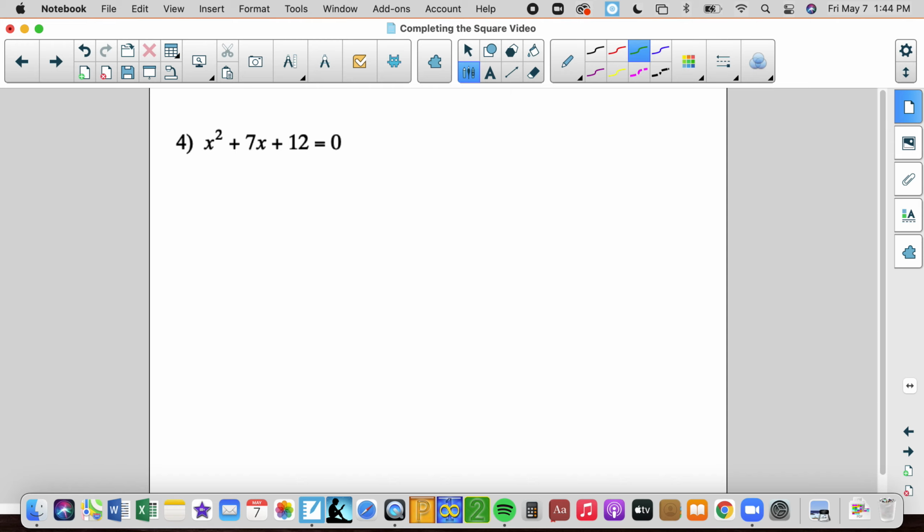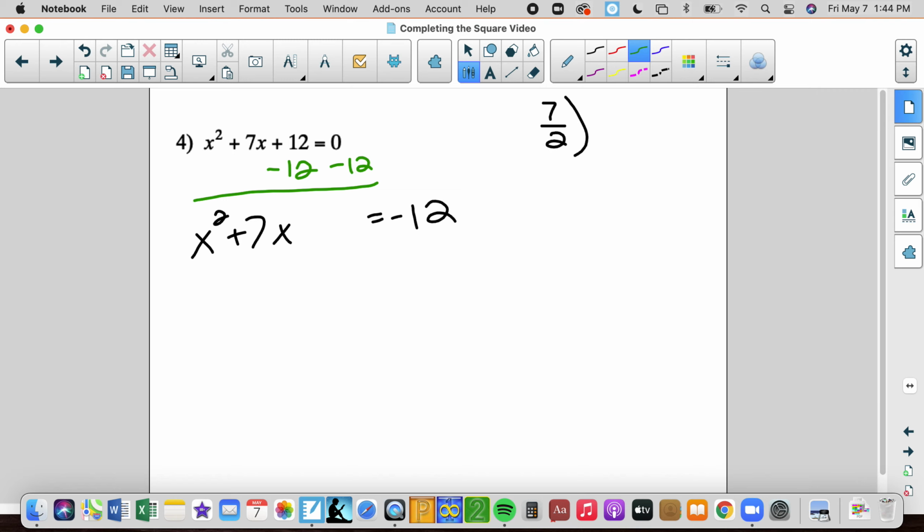All right, first question you ask is, is this a binomial square? It is not. So I'm going to subtract 12 from both sides in order to get my first and second terms. And now we want to complete the square. So I'm going to take my b value, I'm going to divide it by 2, and I'm going to square it.